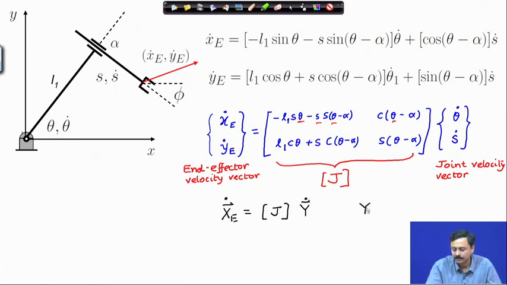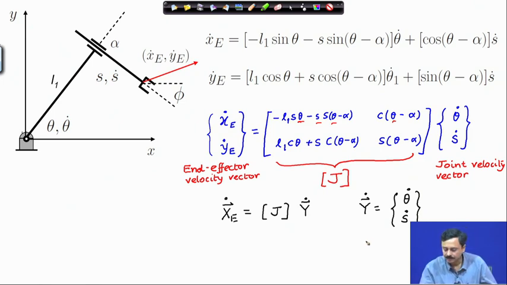So, here I define y dot as theta dot, s dot. And of course, x e dot is the end effector velocity.